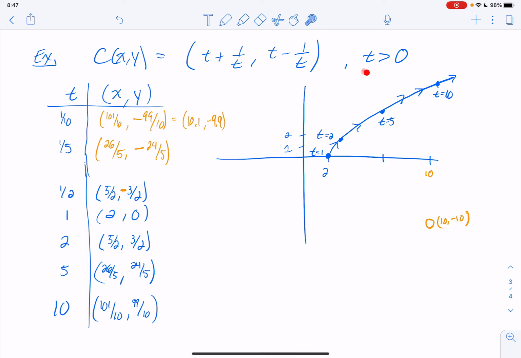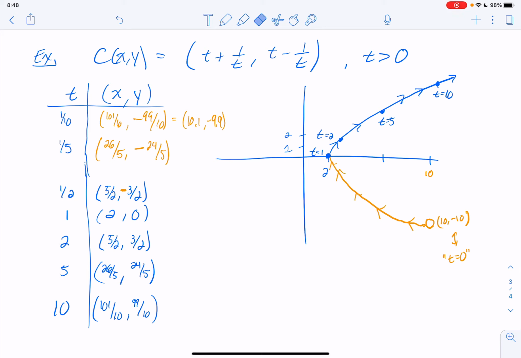My curve is not actually allowed to be at t equals 0. But in some sense, this is what happens when, quote-unquote, t equals 0. But note, I can't actually do that, so that's only in air quotes. And then the whole point is, now I have a whole separate branch of this curve moving from as close as we can to 10, negative 10, and it's moving upward.